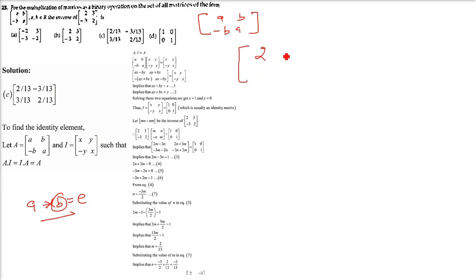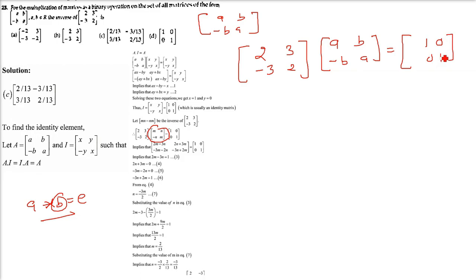So this is 2, 3, negative 3 and 2. The inverse of this will be the matrix which, when multiplied, gives the identity element. So whatever is given in the form A, B, minus B, A, just write that. Don't worry about M or N or any other X, Y like that. Just write this because this is the form, and this form is taken by A or B, either of them.